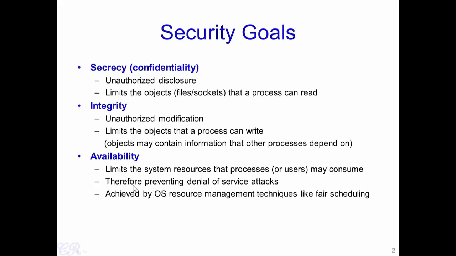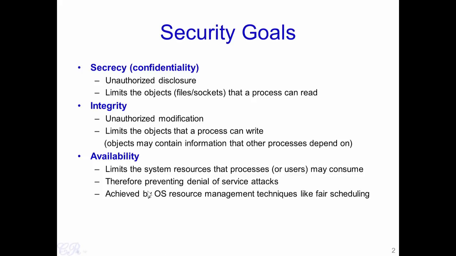If this is not ensured, it could lead to what is known as denial of service attacks, wherein some malicious programs running on the system prevent any other program from having access to certain hardware resources like the CPU, the RAM or disk.